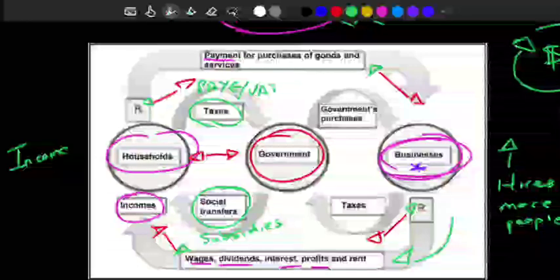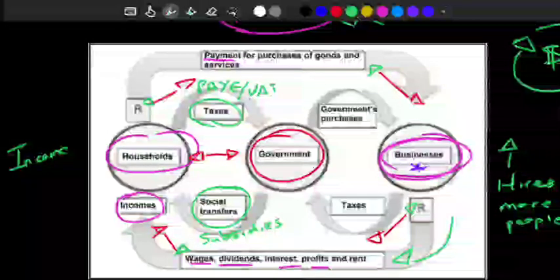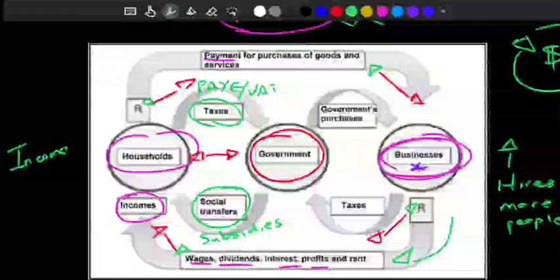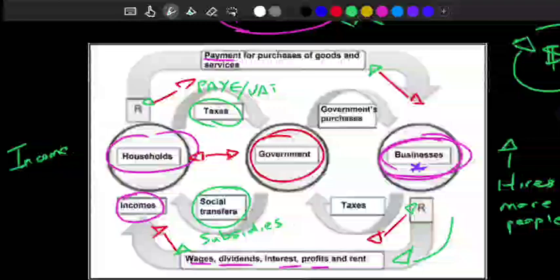Government provides subsidies, so you can think of this as the 350 grant, the COVID-19 grant when people were unemployed and there was money going out. You can think of this as the social grant for old people who are not able to work, people who go to pension and all that.